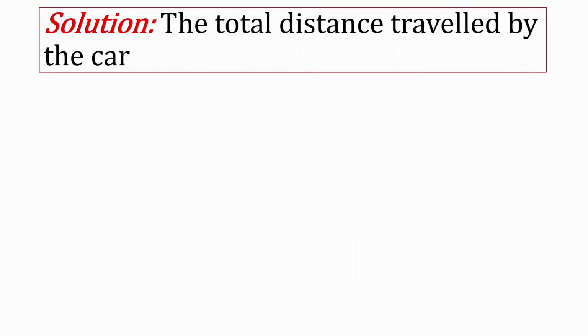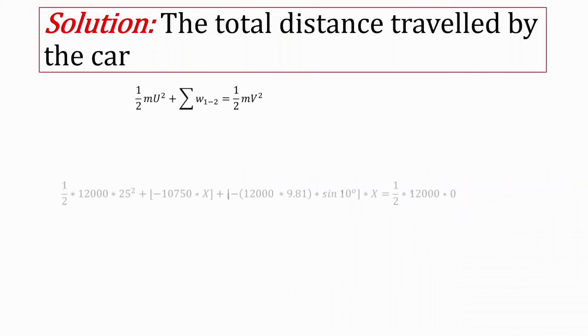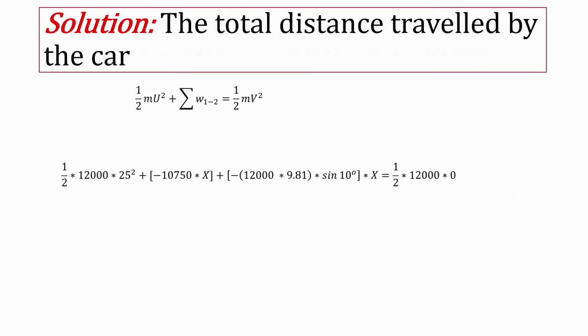So if we input everything back into the equation, we have the component of initial kinetic energy, half mu squared, where u is the initial velocity as the car enters the steep point, and we have our value of mass to be 12,000 kg.